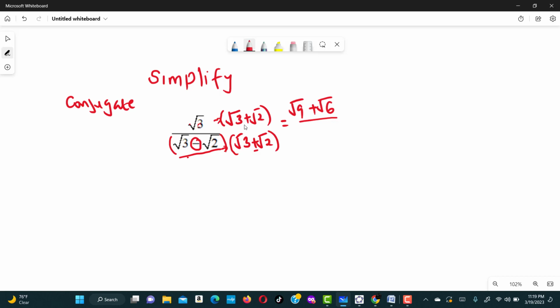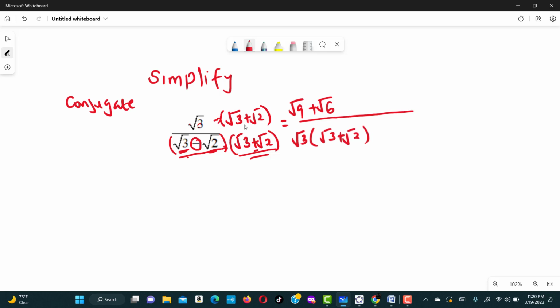What you're going to do is, we take the first element of the first bracket and multiply the whole of the second bracket. We do the same to the second element in the first bracket and multiply the second bracket. So we're going to take the square root of 3 and multiply the square root of 3 plus the square root of 2.